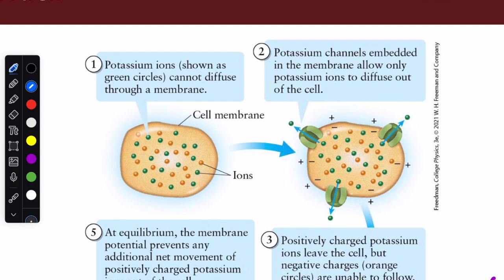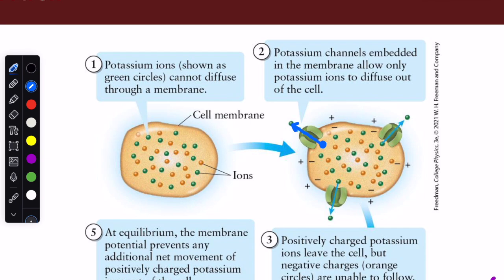They can't go through a membrane unless a channel opens up. Potassium channels are embedded in the membrane, and certain conditions trigger them to open up. When they do, these potassium ions, which are positive, are allowed to pass through.